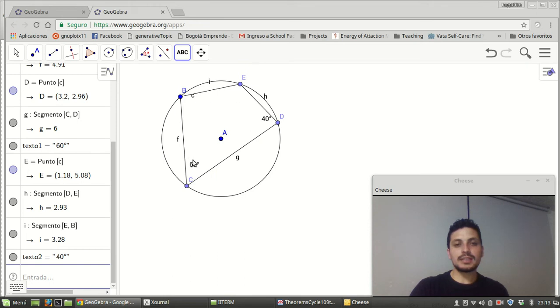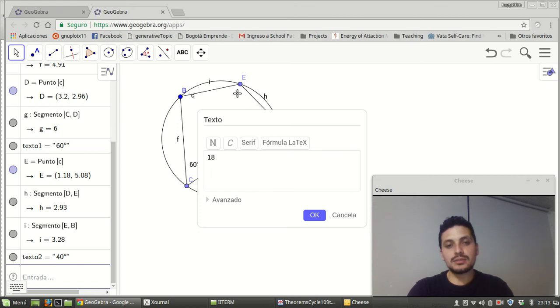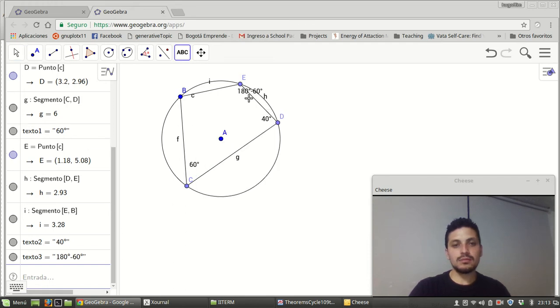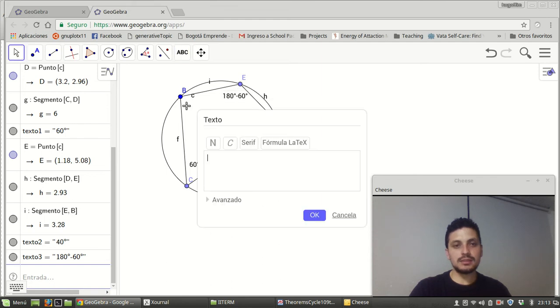So if this is 60, that will be 180 degrees minus 60, and this will be 180 degrees minus 40.